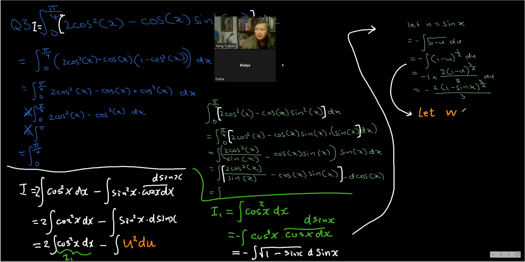I can use w equal to 1 minus u. Can you see that? Therefore, you can solve u in terms of w. That's 1 minus w. So in this way, du can be rewritten as negative dw. Can you see?